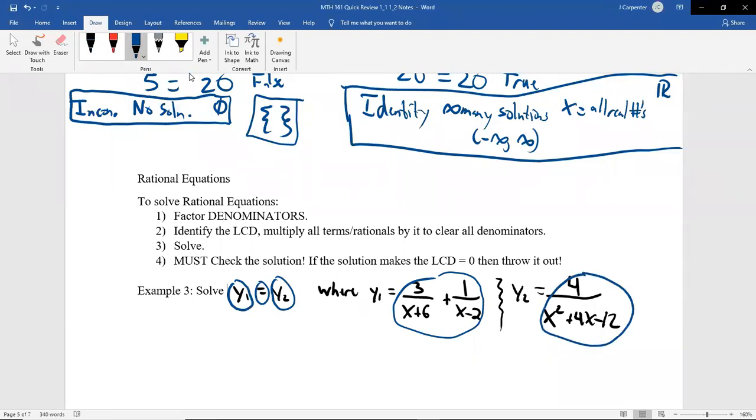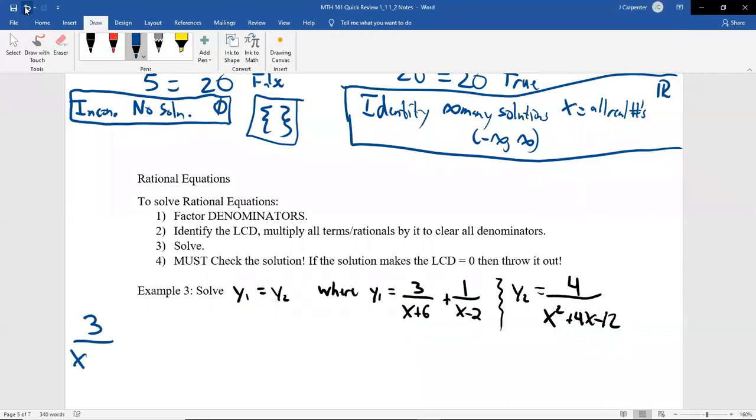So it's these two blue circles that we're setting equal to each other. So here's the y1, 3 over x plus 6 plus 1 over x minus 2 equals, and then here's the y2, 4 over x squared plus 4x minus 12.